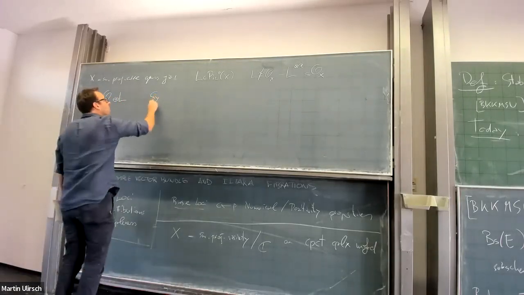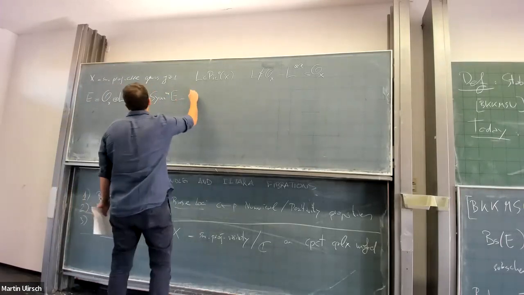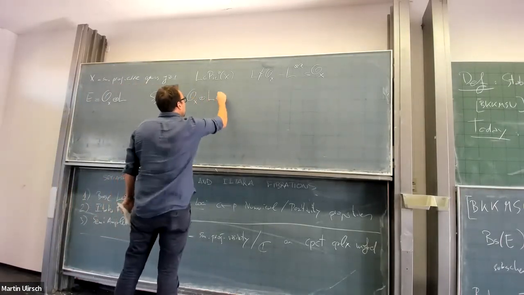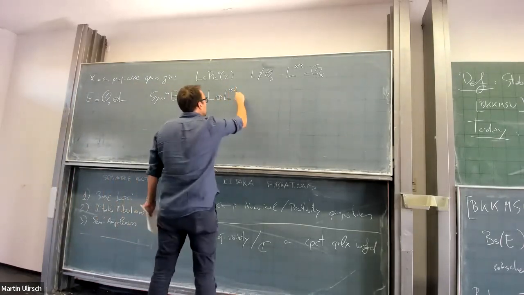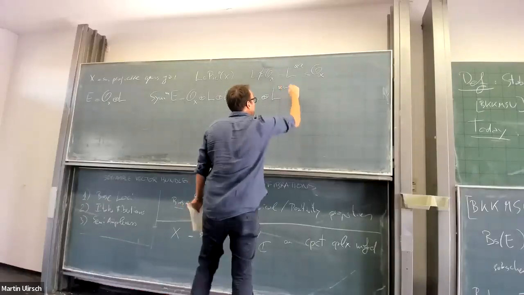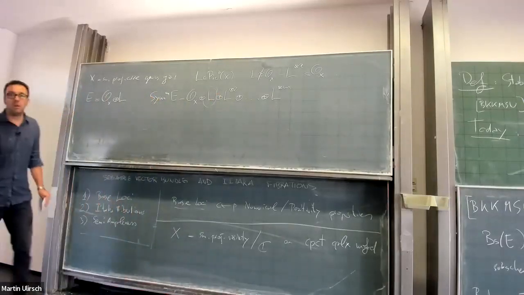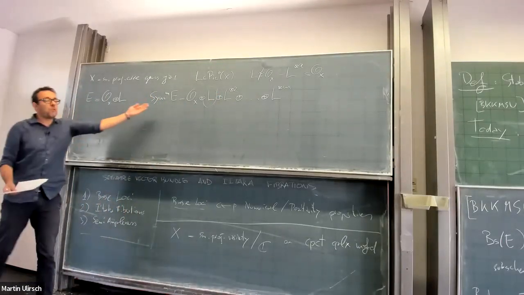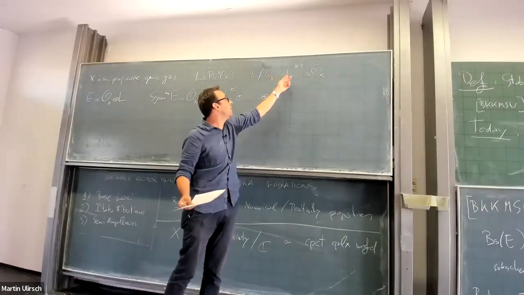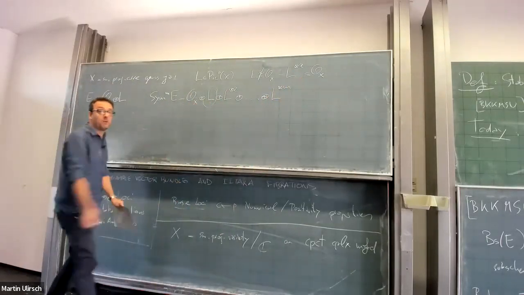And this simply because the symmetric powers of E, in this case, are all of the form OX, direct sum L, direct sum L squared, which is trivial, direct sum, and so on, until L to the power m. Therefore, there is always a copy of L inside all symmetric powers, and therefore this has no global sections because it's a non-trivial torsion line bundle, and therefore the global sections of this are zero.